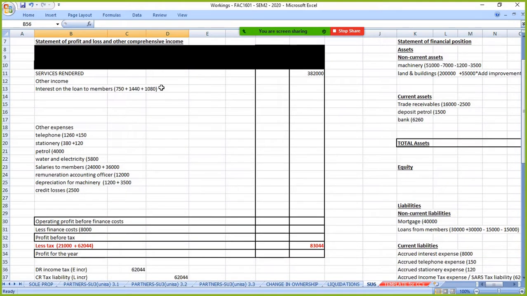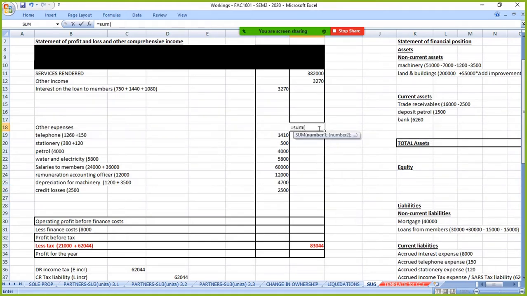Okay, now we go to this and we tally up. Let's do the tallying up. Income, expenses. All right, there we go.